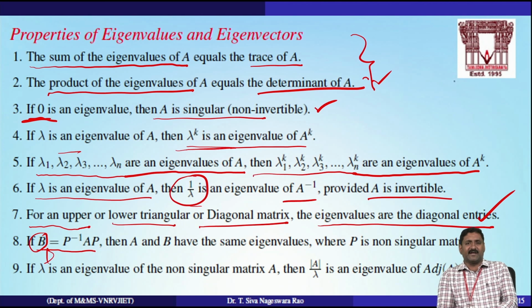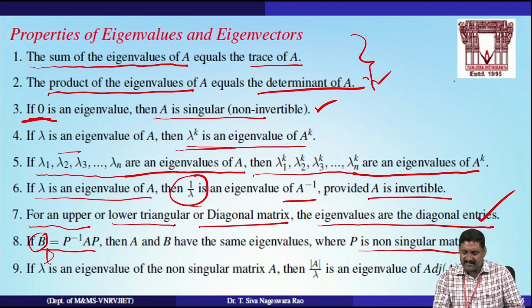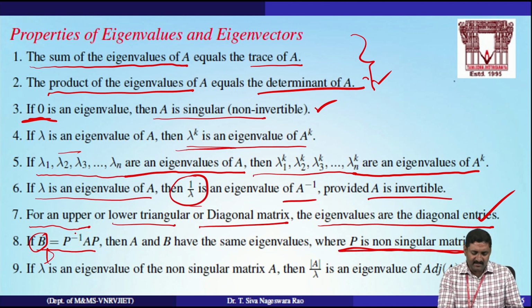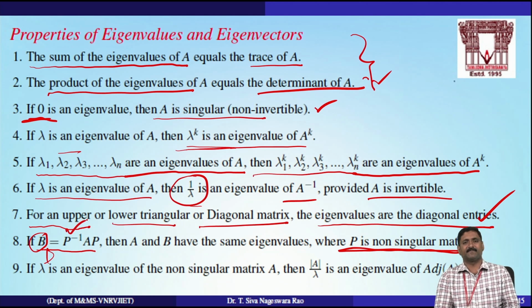Capital D is a diagonal matrix in which the diagonal elements are the eigenvalues of capital A. So if you replace D with capital B, then the eigenvalues of capital A and capital B are the same. Here the condition is that capital P is a non-singular matrix, det P not equal to 0. Then only P inverse will exist.